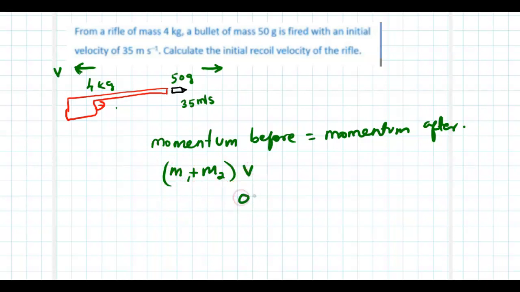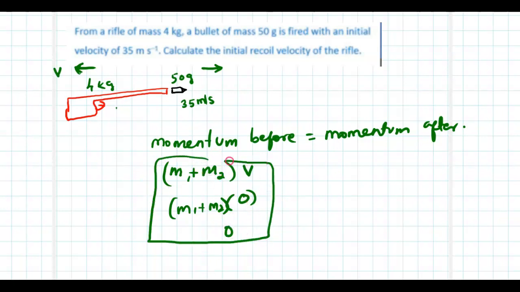This velocity will be zero. There is no movement in the gun and the bullet, so this v is 0. Anything multiplied by 0 will be 0. So momentum before will be 0.